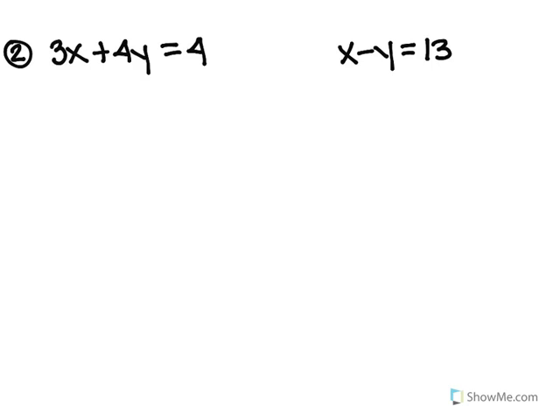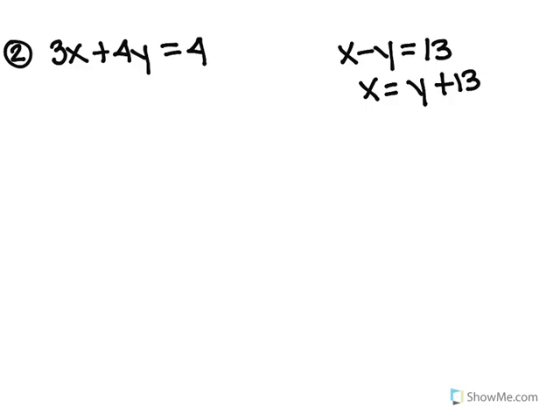So I'm going to solve the second equation. It does not matter if you solve for x or if you solve for y. Just to make that point, I solved for y on the last one. I'll solve for x. He's already positive. So I'm going to move my y over, make him a positive y, and bring down my 13.